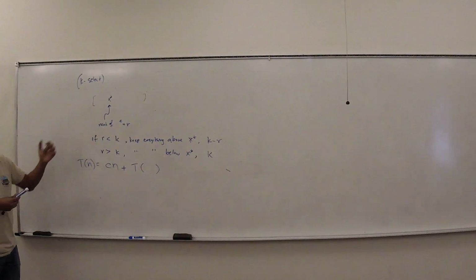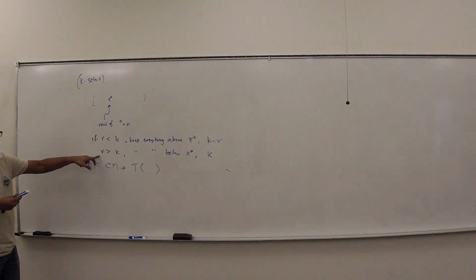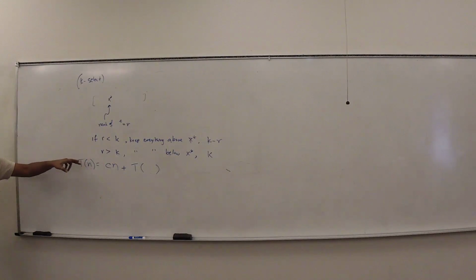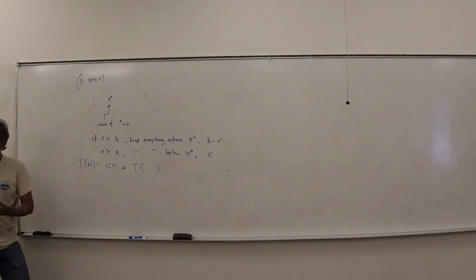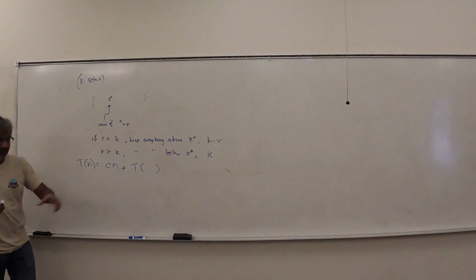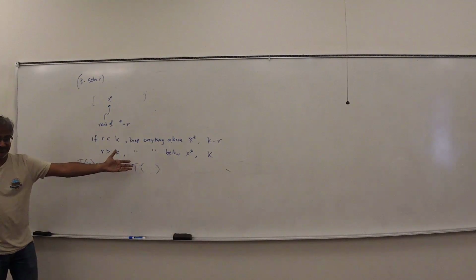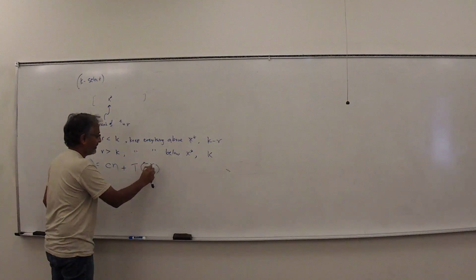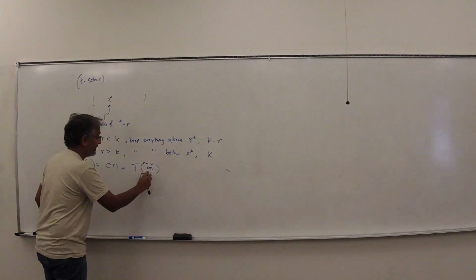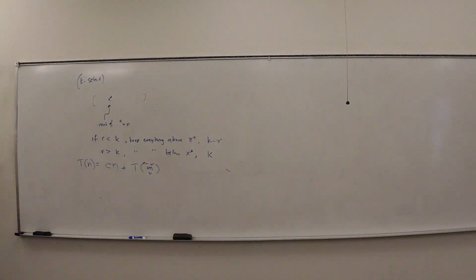Where will it be n minus R? In which case? In this case. What about this case? No. What is the size of the subset on which you run the recursion? It will be R. Right? So it's basically either n minus R or R, depending on which of the two things you pick.